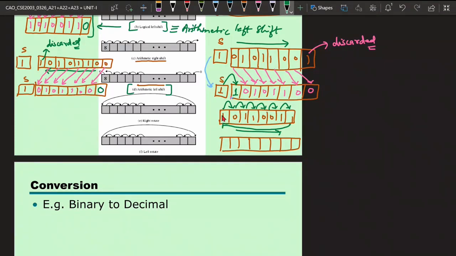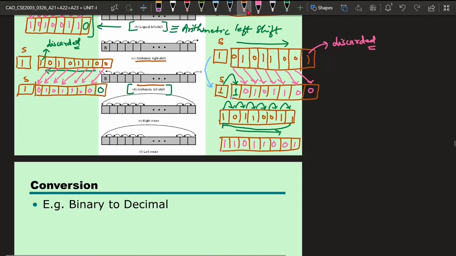So 1 will be shifted here, 0 will be shifted here, and this 1 will be shifted to the MSB side. So this will be the answer after rotate right.